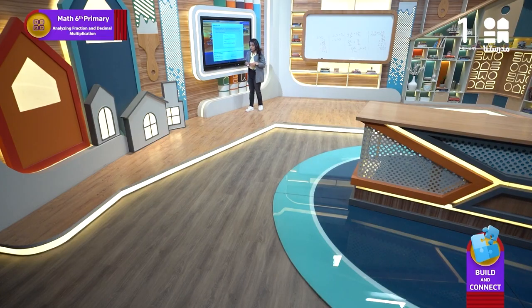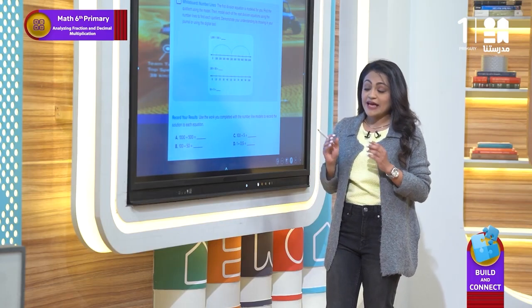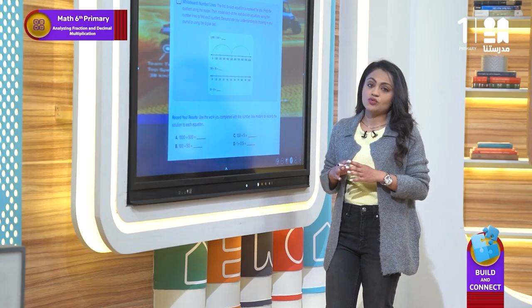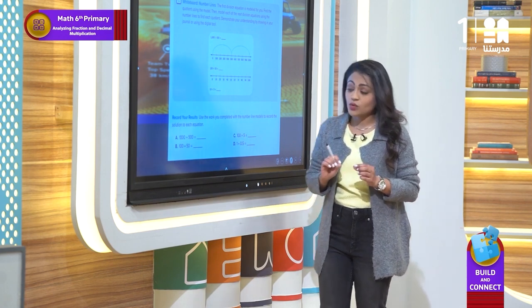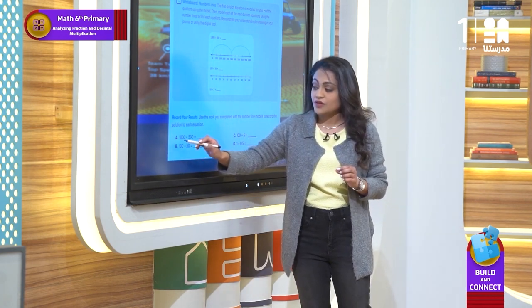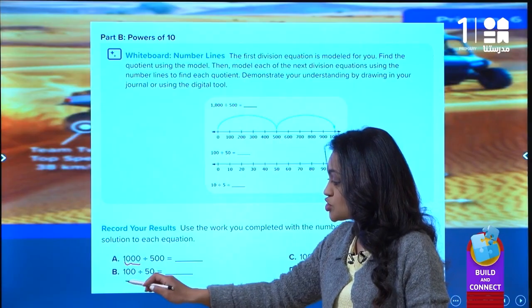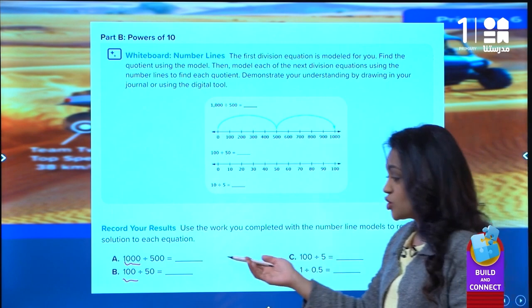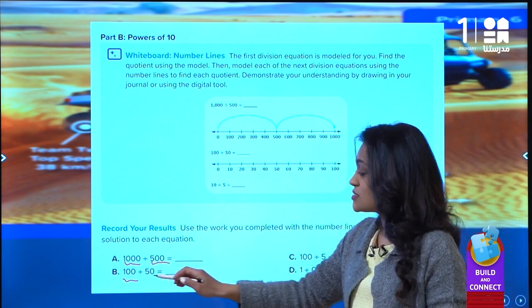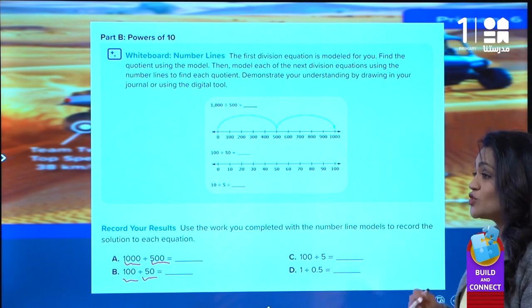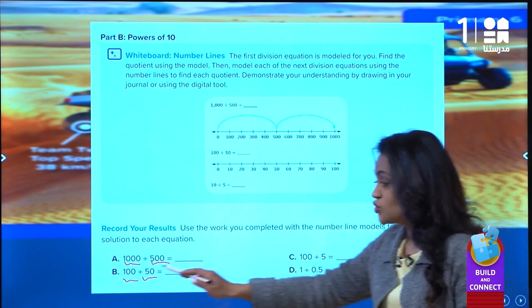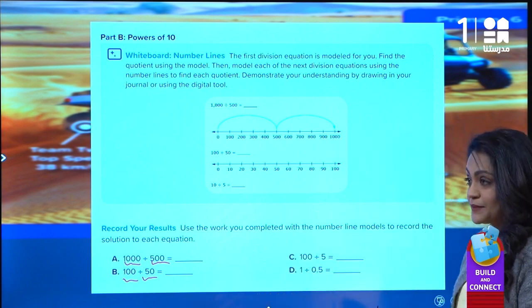So in the second problem, dividing 100 by 50. And in the third one, 10 divided by 5, and so on. As if we divided the dividend and the divisor by 10 every time. 1000 divided by 10 equals 100. 500, when we divide it by 10, gets us exactly 50. 100 divided by 10 gets us 10.